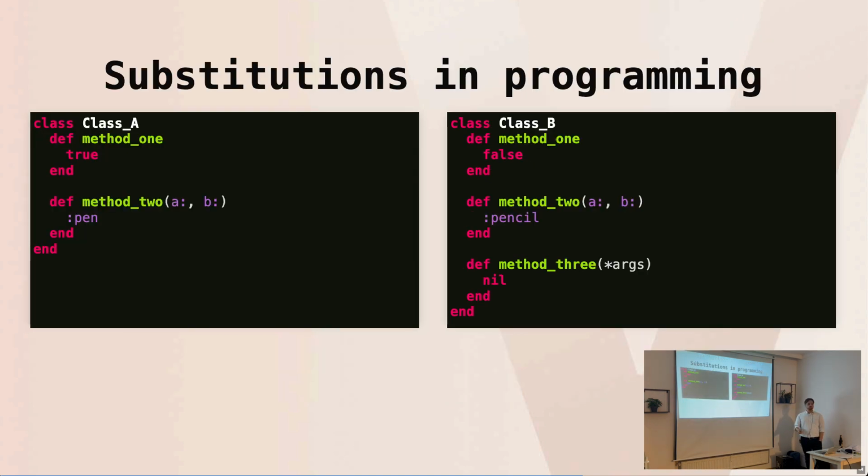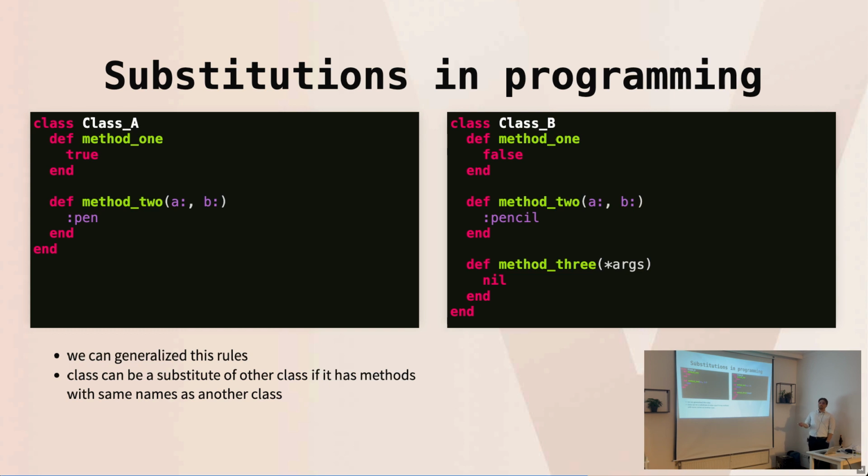We can go further with our theory. In general, we can generalize this rule. A class is a substitute of another class if this class includes all public methods of the other class. What does it mean?